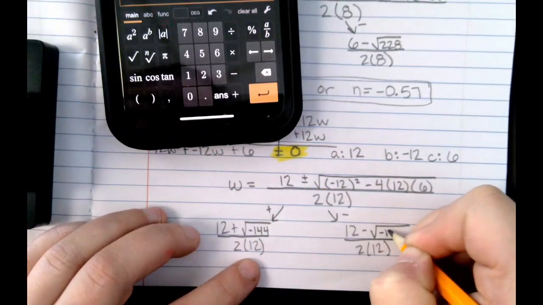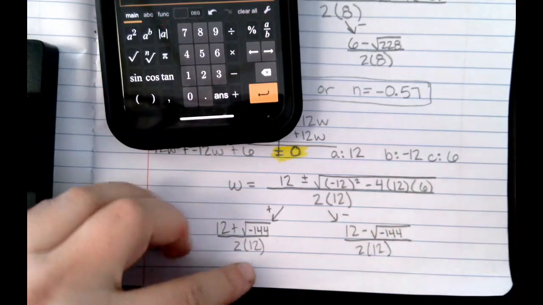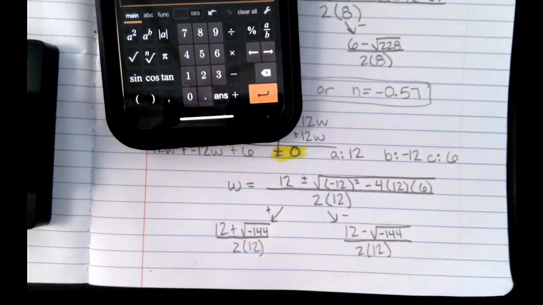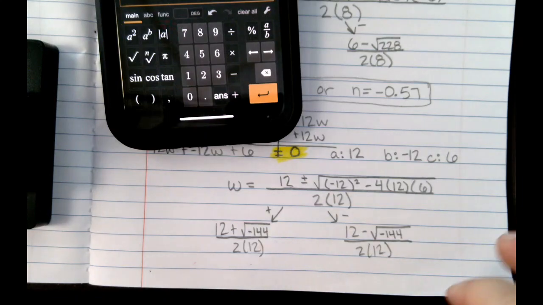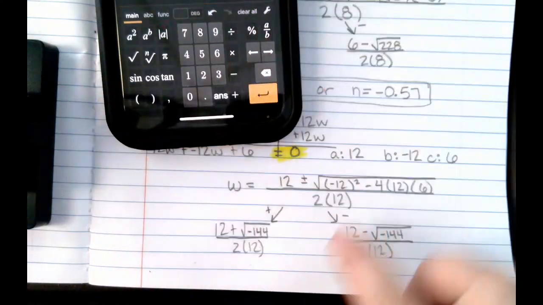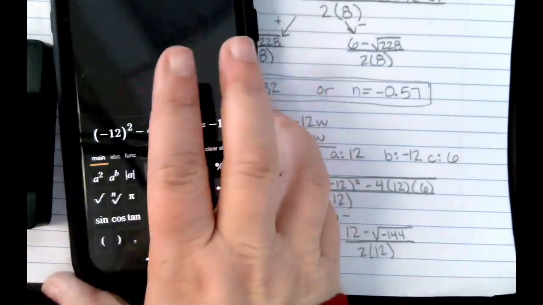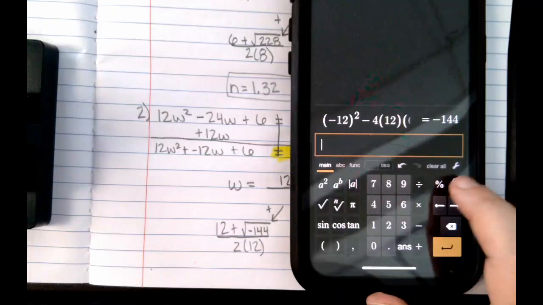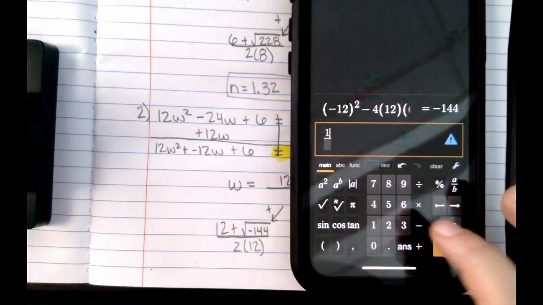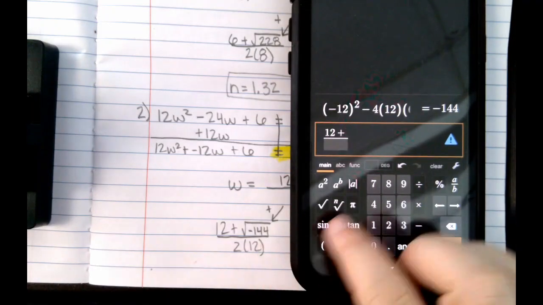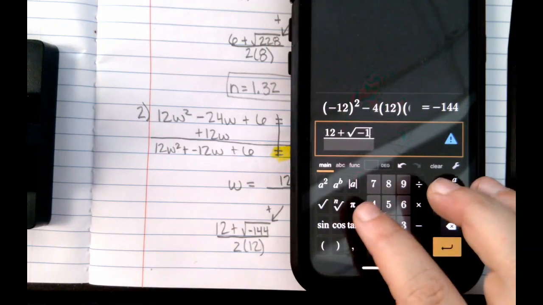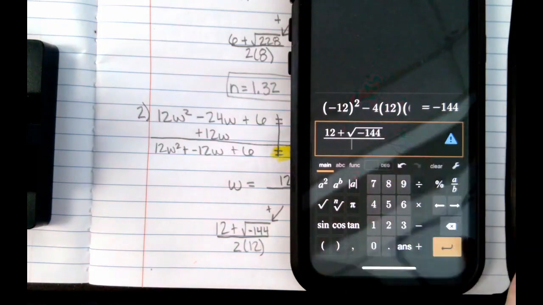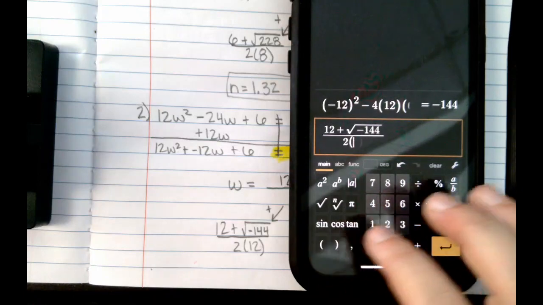I just need to fill in that negative 144. All right, now we're ready to just type in this whole thing. So I'm going to go ahead and enter. Do my fraction line first. I do that a over b, or a dividing sign. 12 plus the square root of negative 144 over 2 times 12.